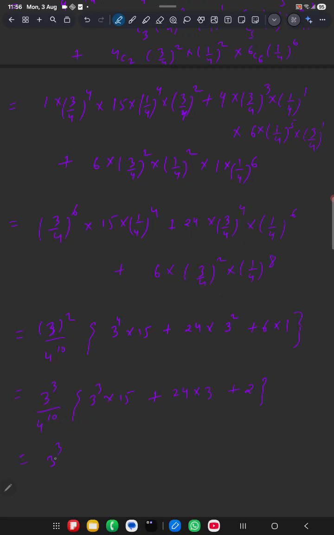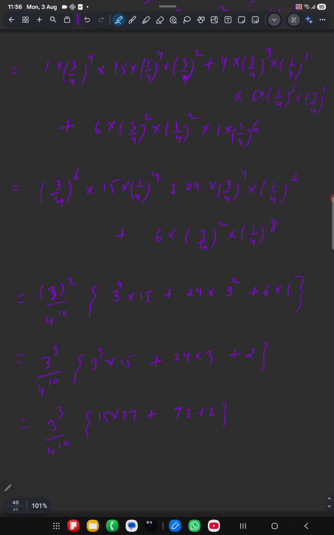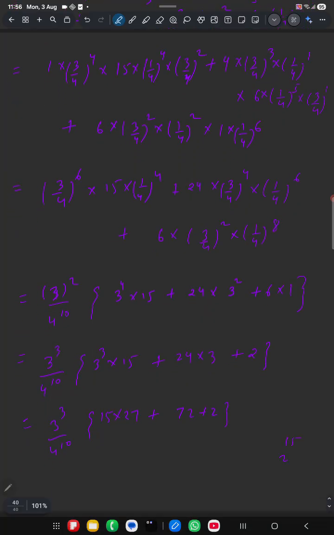Now we will solve this. 3 power 3 over 4 power 10 into 15 into 27 plus 72 plus 2. So 15 and 27, you just find the multiplication. So 405. So you are getting 27 upon 4 power 10 into 405 plus 74, which will give you 27 upon 4 power 10 into 479.